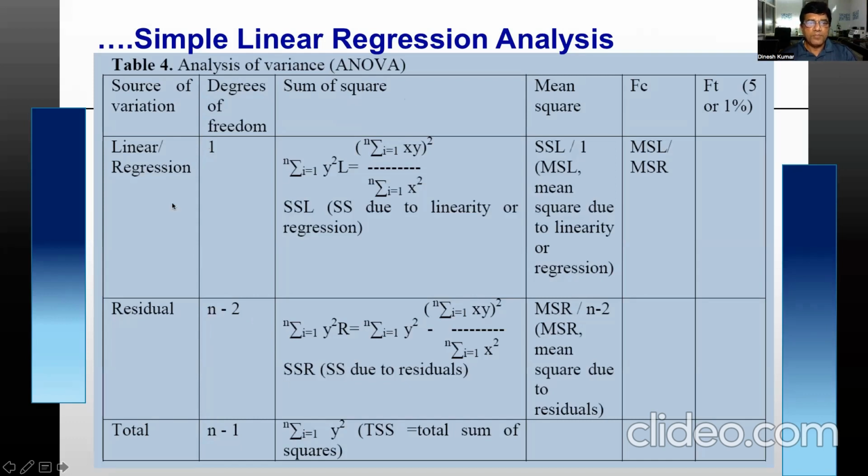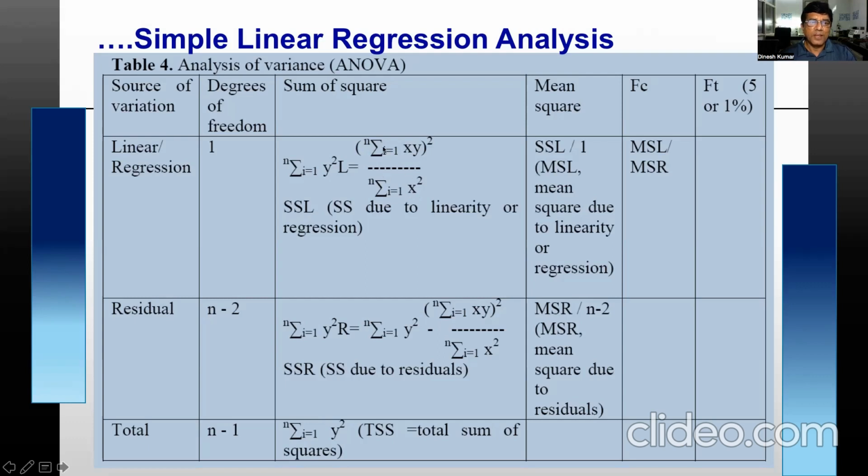Now, the sum of square for regression, that is summation y square L, or you can say summation y square R, sum of square due to linearity or sum of square due to regression. So it is summation xy whole square, that is, square of summation xy divided by summation x square.